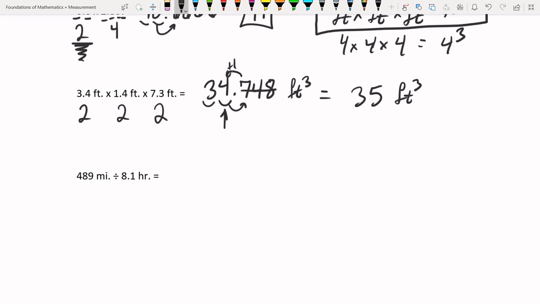Okay, last one. We have 1, 2, 3 significant digits, and here we have 1, 2 significant digits. So we're going to round to 2 sig figs in our final answer. Now, doing the division here, we get 60.370, and it continues that pattern on indefinitely.